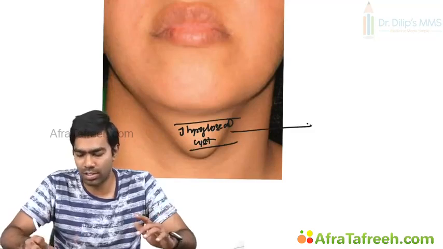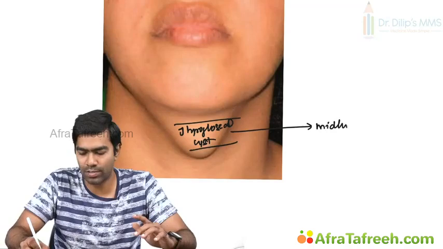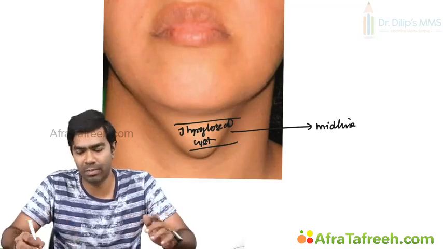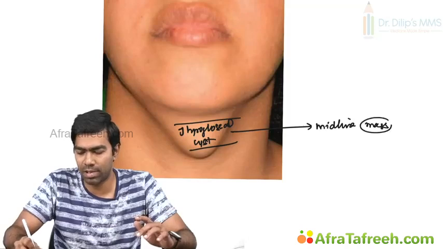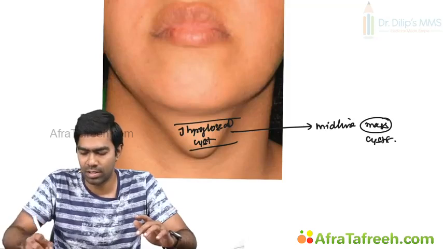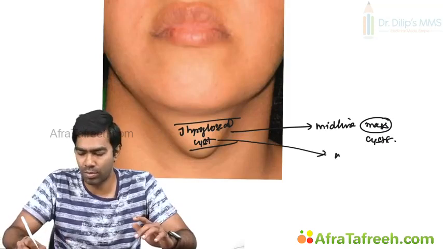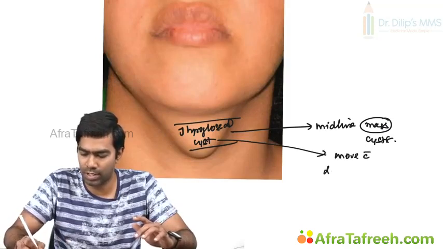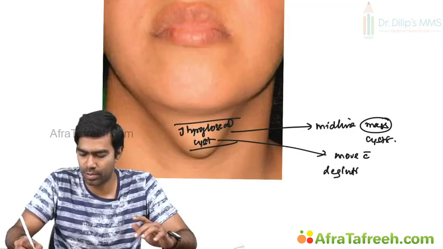Remember, a thyroglossal cyst is going to have all the characteristics of a thyroid gland: it's a midline mass and cystic lesion, and it's going to move with deglutition and swallowing.